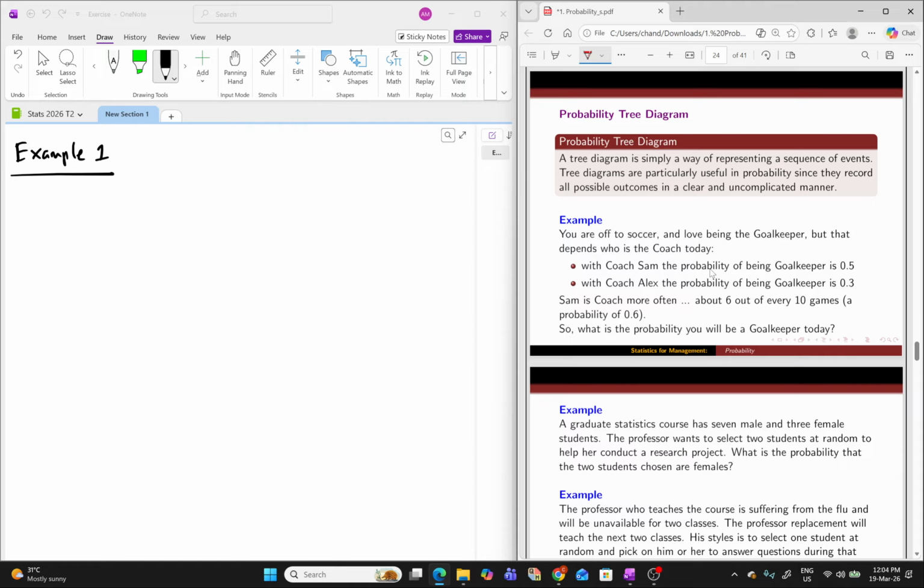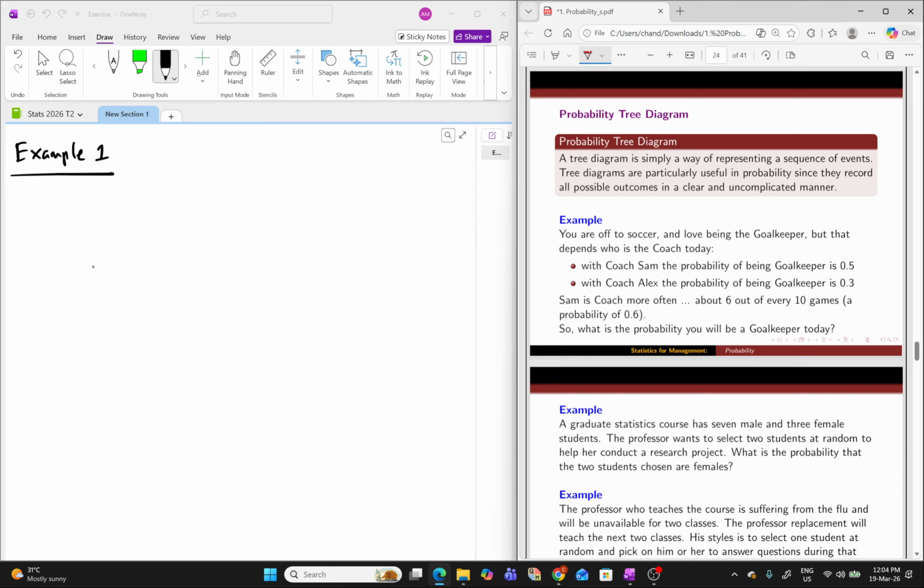With Coach Sam, the probability of you becoming goalkeeper is 0.5. With Coach Alex, the probability of you becoming goalkeeper is 0.3. Sam is coach more often, about 6 out of 10 games. What is the probability you will become a goalkeeper?